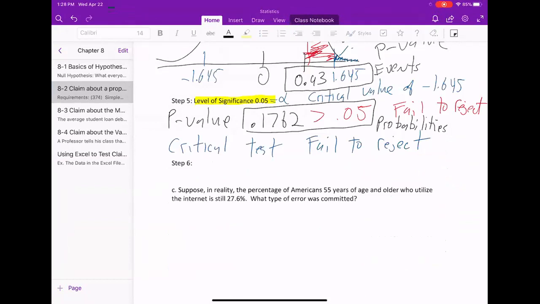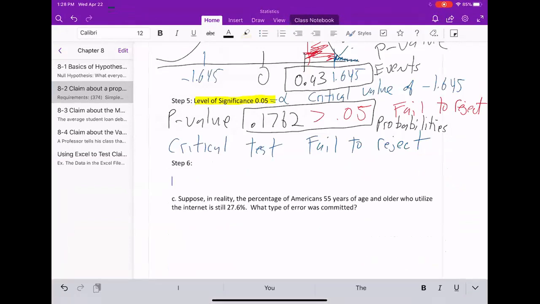So step 6, and this one I'm going to type because I can type better than write with my crazy pencil. We have to interpret this back to the original problem, right? So I'm failing to reject. So I fail to reject the null hypothesis.